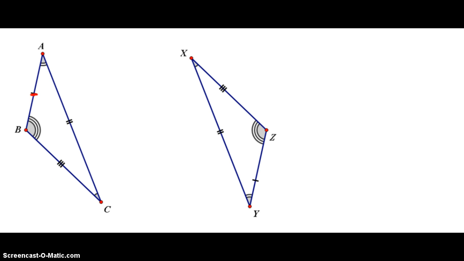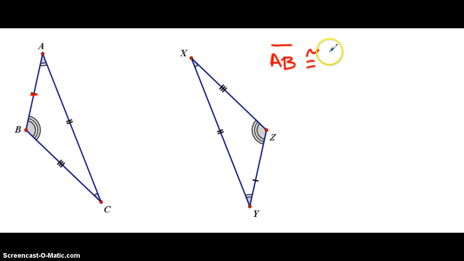So, I'm going to grab my pen here. If I start with the sides, we have side AB, and that has one tick, and it matches with side, oh, nope, not XY, sorry, ZY. Whoa, that was a big eraser.